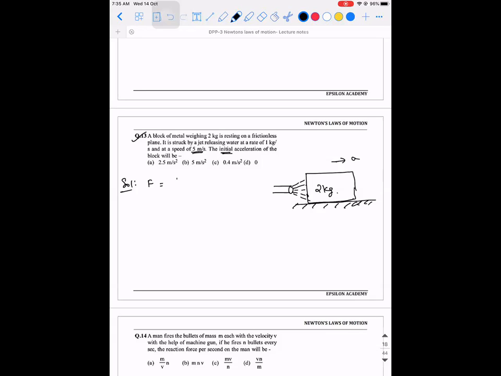So, force is given as dp by dt, right? But what is changing with respect to time? So, can I write it as d into mv divided by dt? Initially, when the water is hitting the surface, out of the mass and velocity, which one is changing according to this question? Velocity is the same, 5 meter per second.